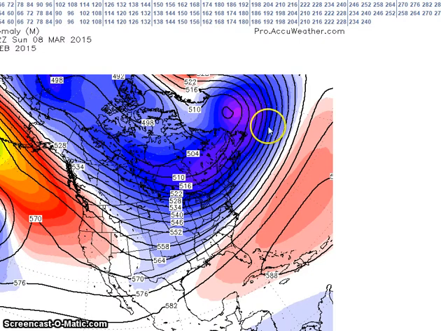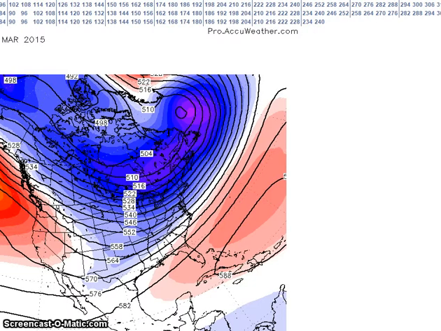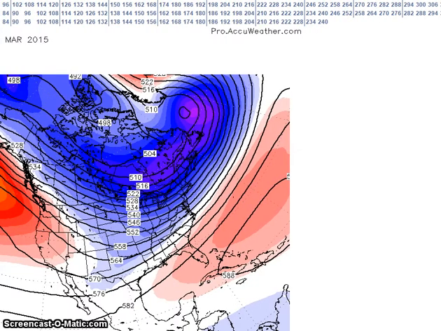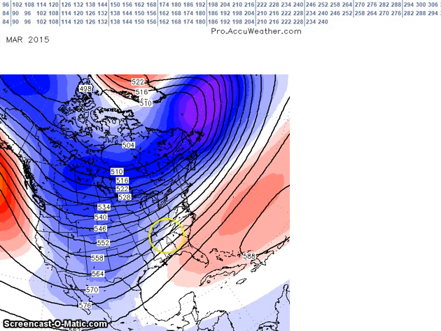We have a broad trough here and a ridge over this region, but as we go through the end of the period, this will be around the 11th, we start seeing the ridge still over the southeast and a broad trough covering much of the nation.